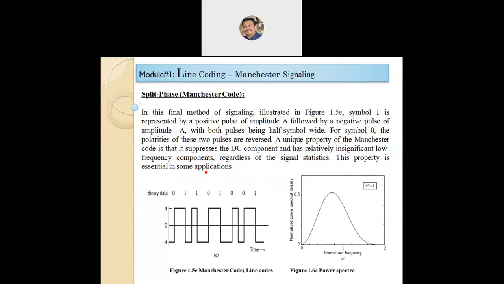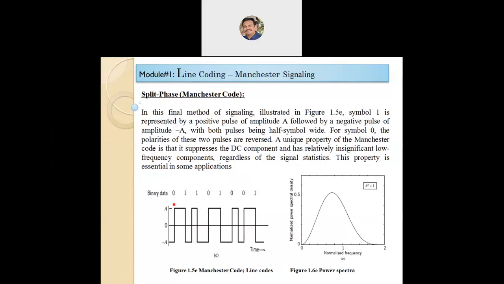Means the pulse for 1 is the reverse of the pulse for 0. A unique property of this Manchester code is that it suppresses the DC component and has relatively insignificant low frequency components regardless of the signal statistics. So it is used for some applications.